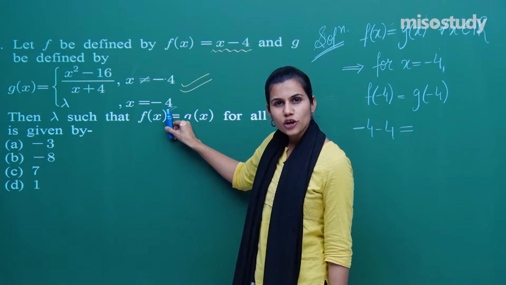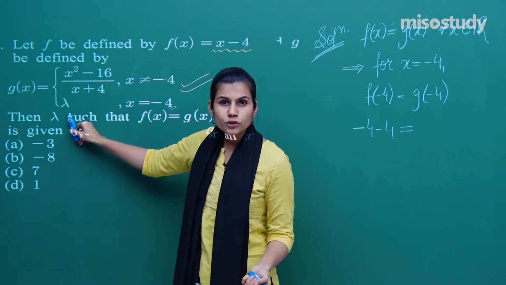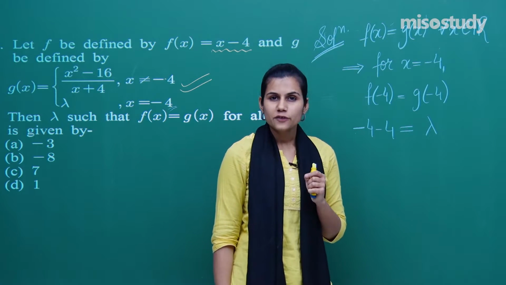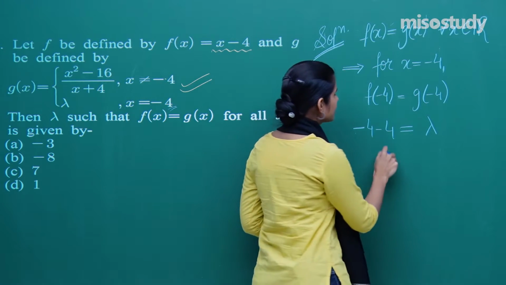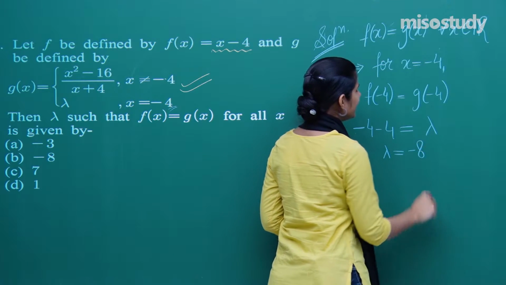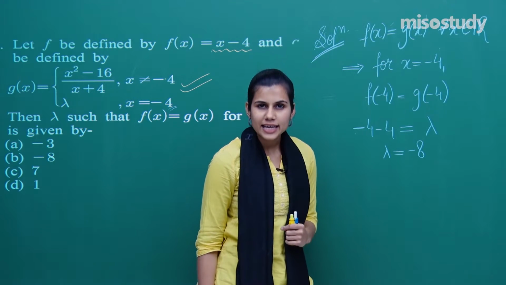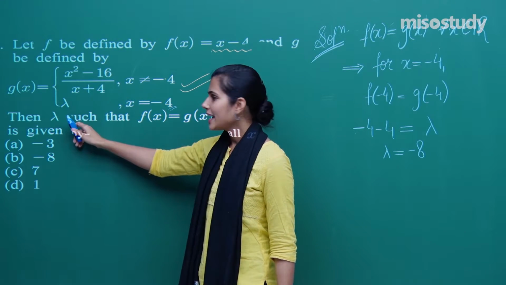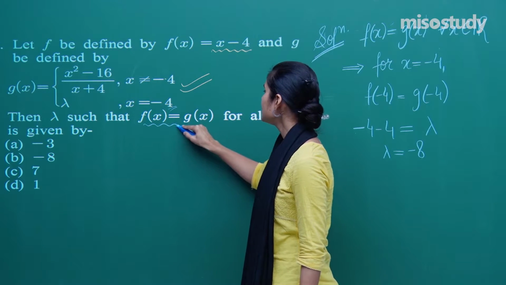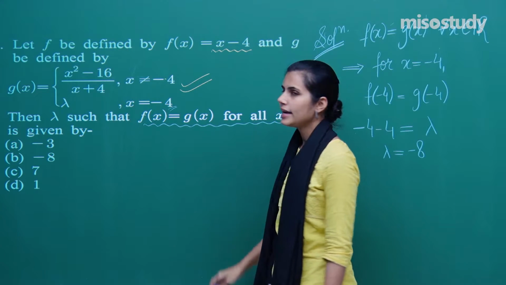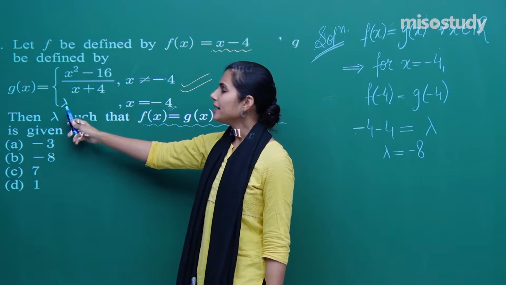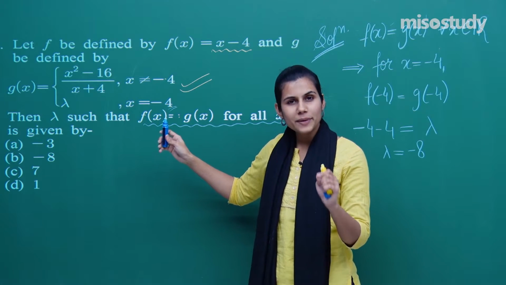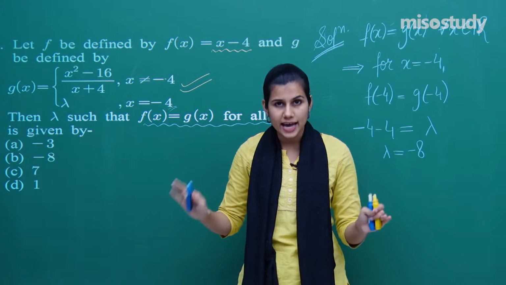And because we need g of -4, right now it is unknown to us. So let me just write that unknown quantity only, which is standing for g of -4. So this brings lambda equal to -8. That means it is for lambda equal to -8 such that fx is equal to gx for all x. When lambda will be equal to -8, then in that case fx will be equal to gx for every x.